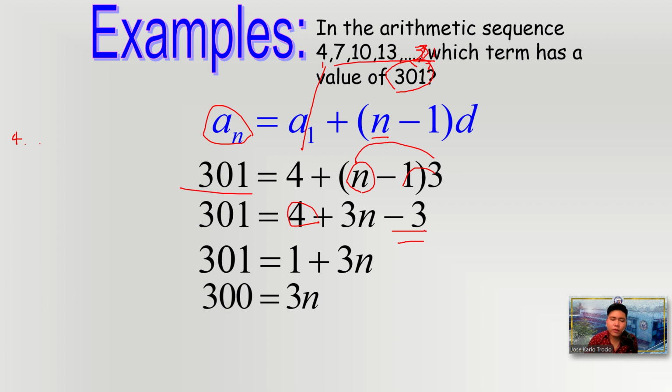You transpose this, it becomes 301 minus 1, it becomes 300. So leaving you with this, you can divide it by 3 so that we are only left with n on both sides. So 300 divided by 3, that is 100. So that's it. So 301 is the 100th term.